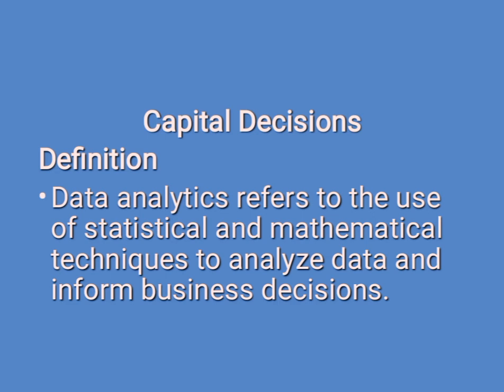Now there is also what is called capital decision. When you are doing the metrics on return, there is what is called capital decision. This is defined as data analytics, which refers to the use of statistics and mathematical techniques to analyze data and inform business decisions.